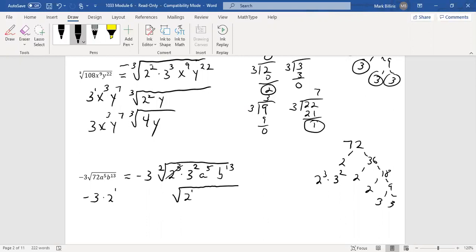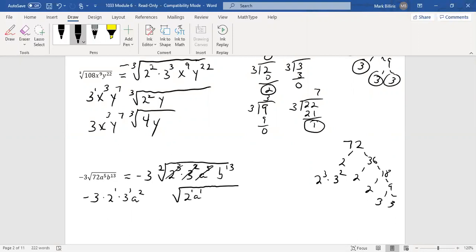So now I go to my 3 squared. So 2 goes into 2 one time, but it went in evenly, so there's no 3's that remain. Next, my exponent of 5. 2 goes into 5 two times with a remainder of 1.